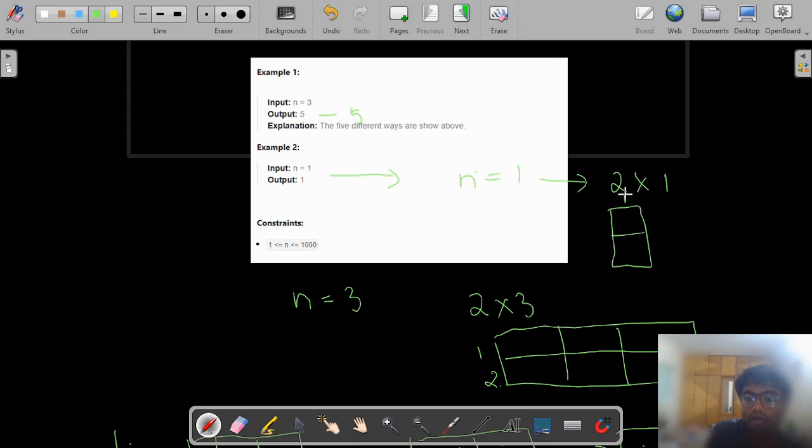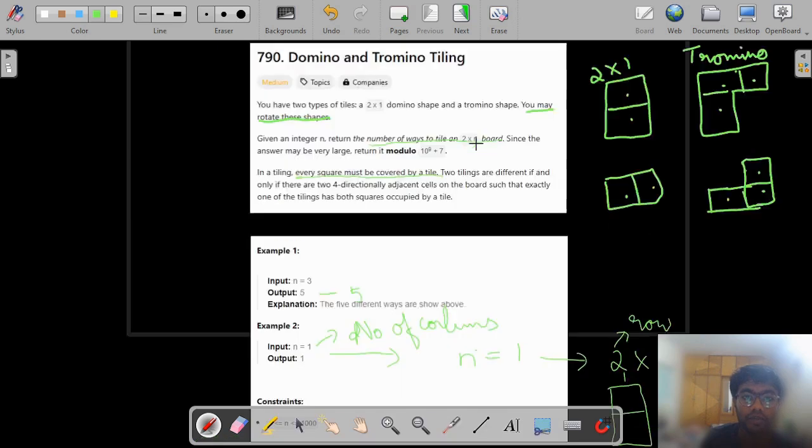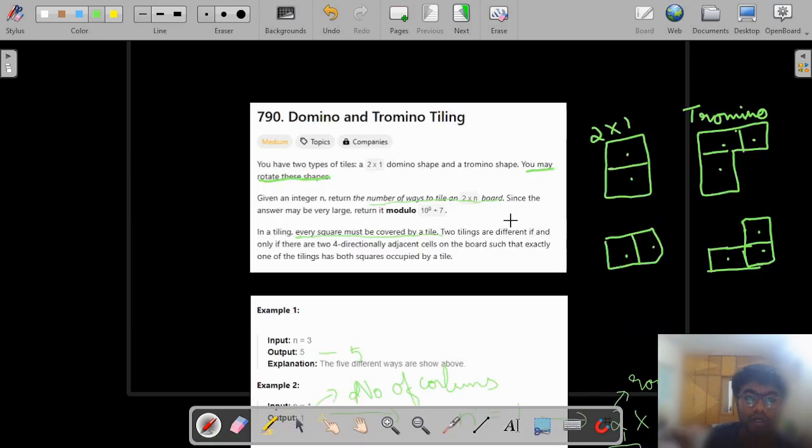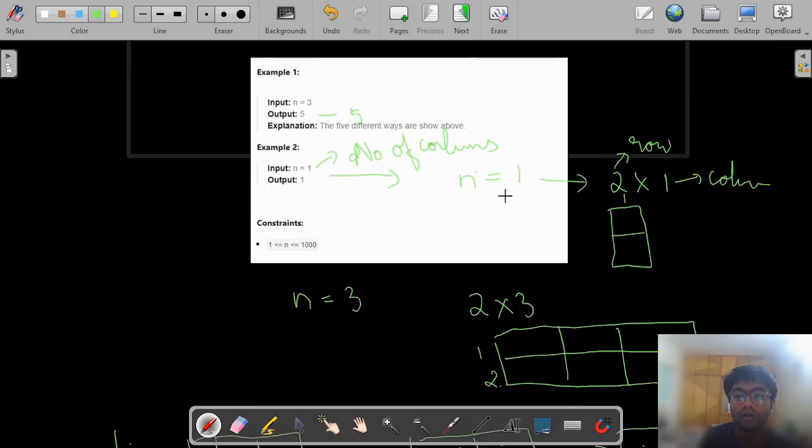One column, this corresponds to rows and this corresponds to columns. And this always would be the number of columns, and tiles will always be 2 crossing the rows. This is something that we need to keep in mind.